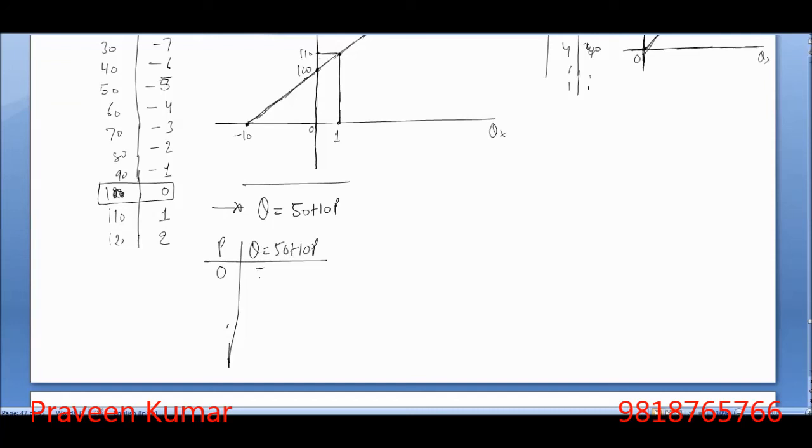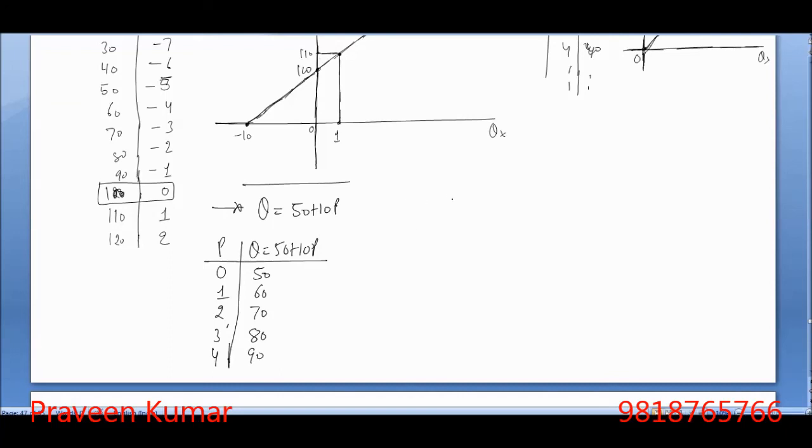If price is 0, then this would be 50. At 0 price the quantity supplied would be 50, at 1 it would be 60, at 2 it would be 70, then at 3 it would be 80, I hope. At 4 it would be 90, something like this.